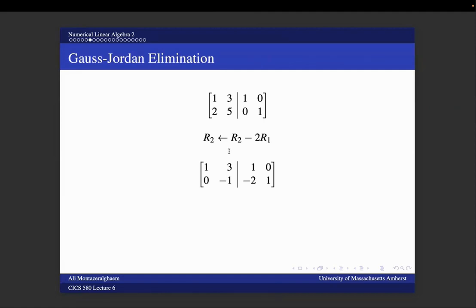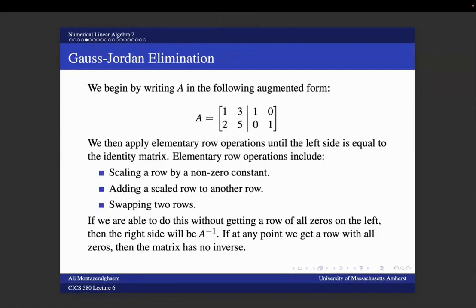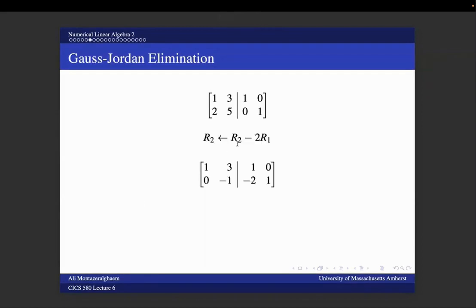So the operations that we can do are scaling a row, adding a scaled row, or swapping two rows. At first, we take the second row and subtract 2 times the first row, right?